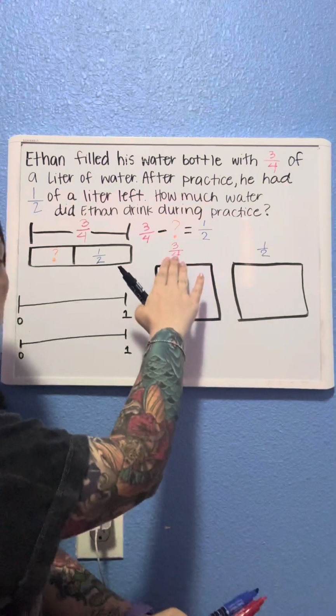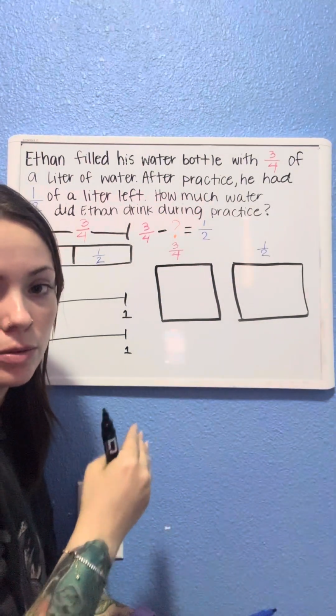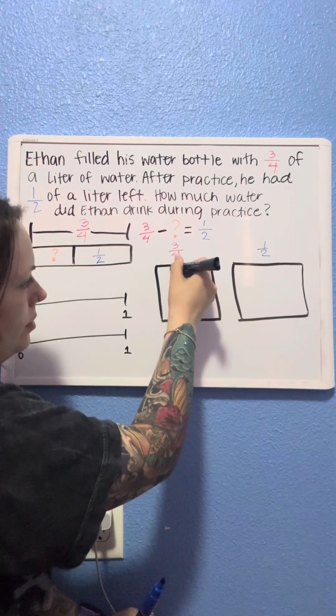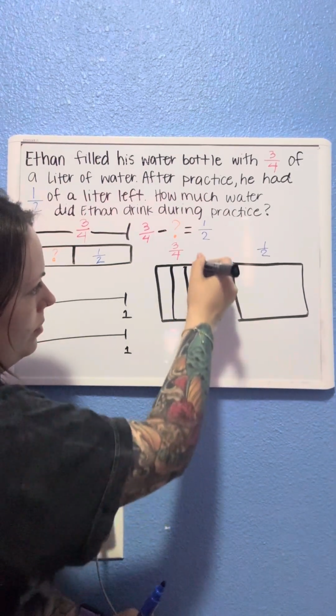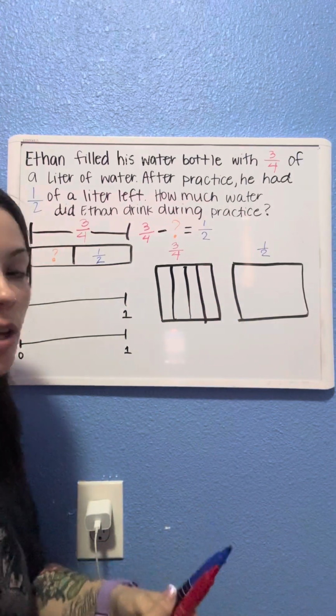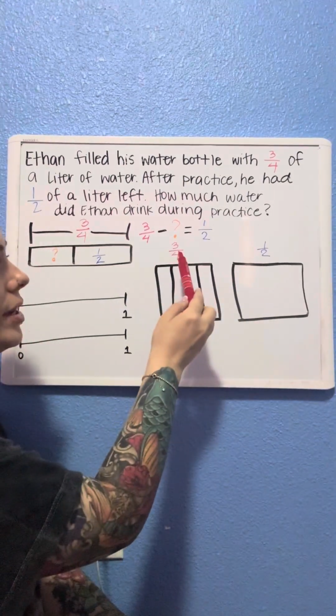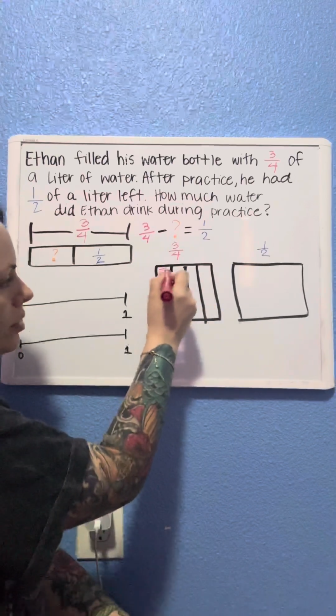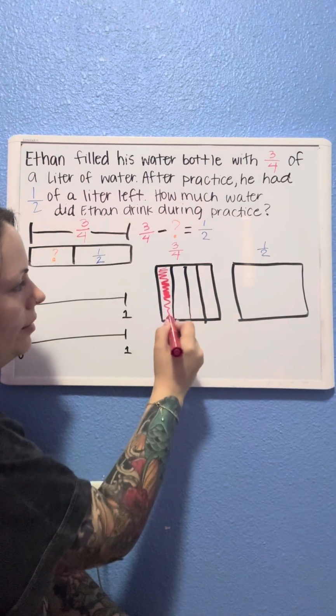Since we have fourths, I will split this square into fourths, and then shade in the amount that we have. So we have 3/4. So I'm shading in 3.